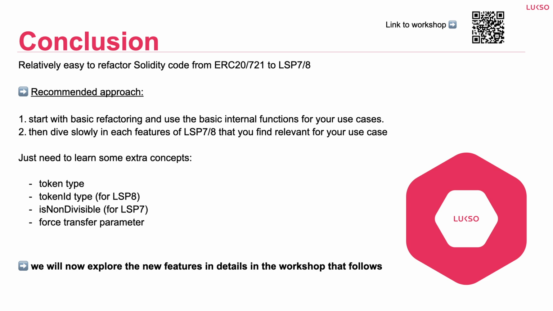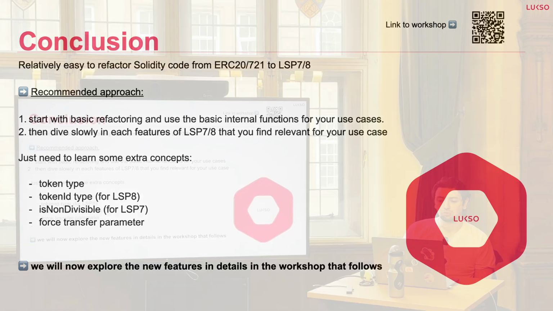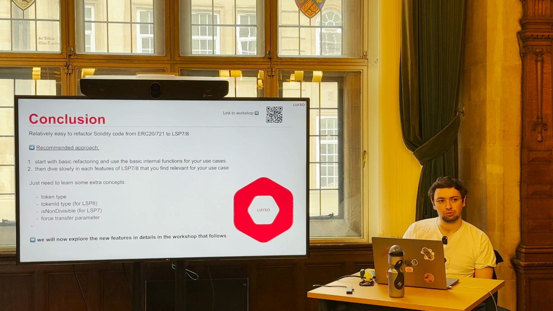That's a good approach to learn the token standard on LUKSO: you refactor like that, and as you go, you learn the new specific features, like the token type, or the token ID type for LSP8, or whether they are non-divisible, or the force parameter for safety on transfer, or the hooks.